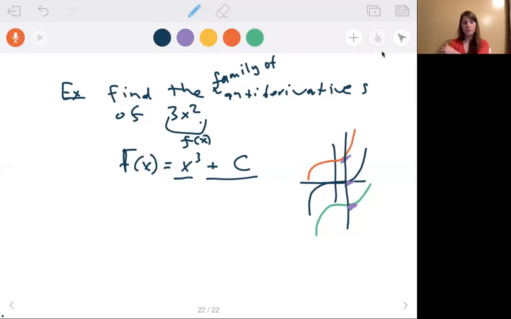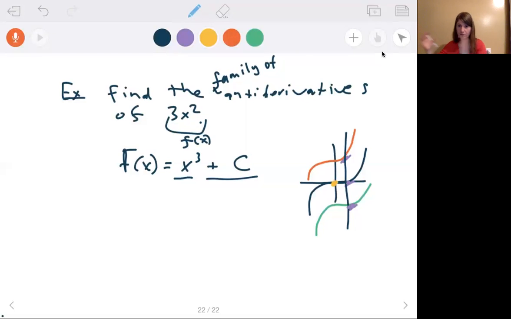So a lot of times we might hear the terminology initial value problem, where they are specifying a specific point that we have to have on our function. For example, let's say our particular function has to go through the origin. Well, if we have to go through the origin, only one of our x cubed graphs is going to do that, the one that's positioned correctly so that it hits the origin.